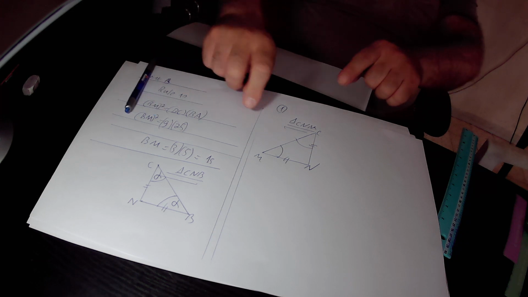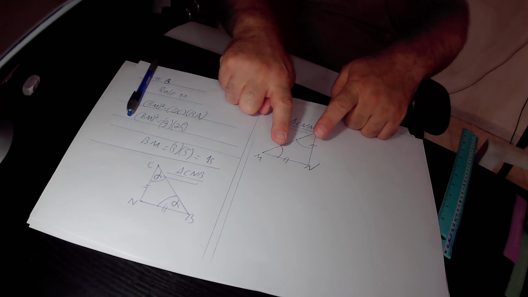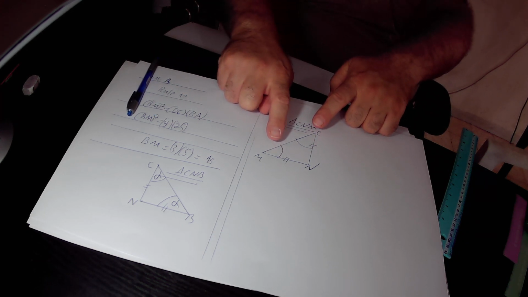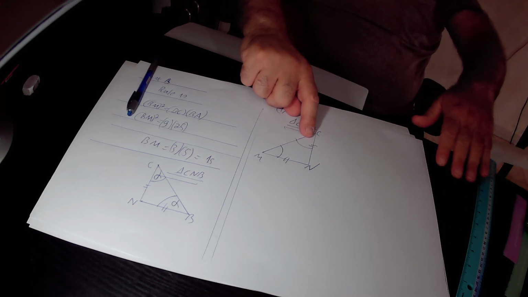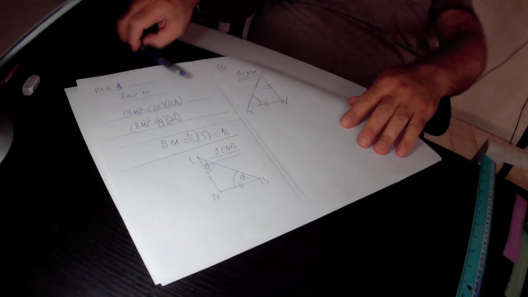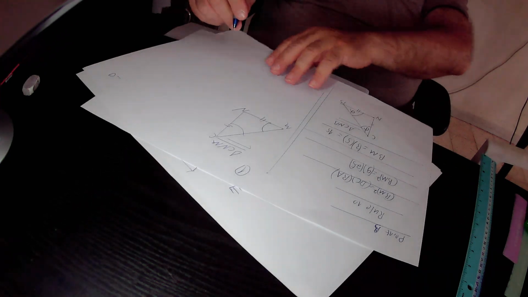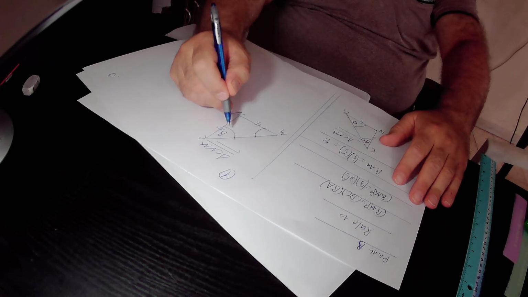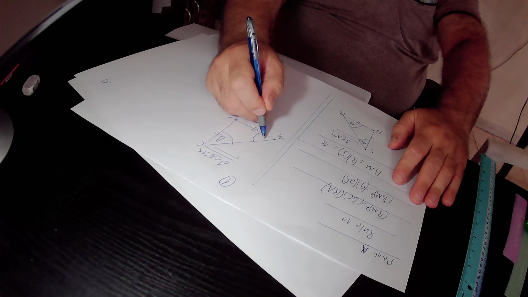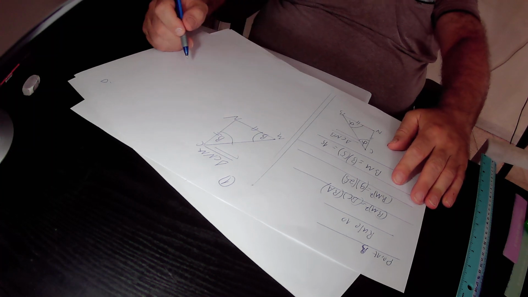So those two angles must also be equal to each other in their sizes. If we define the size of this angle as beta, then this angle must also be equal to beta according to the rule that I mentioned.